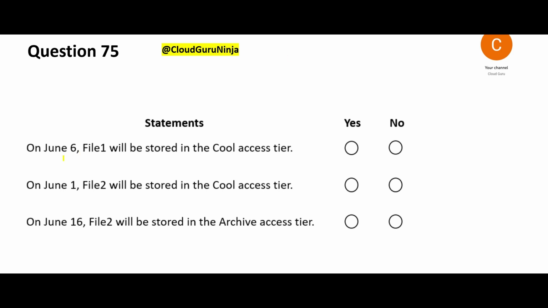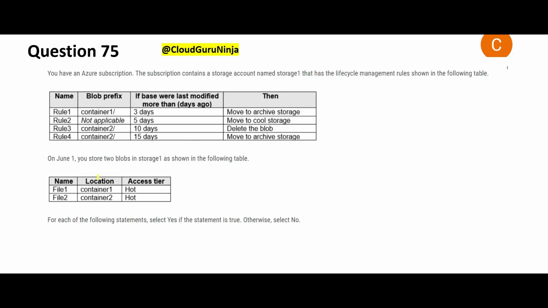The first one is saying, June 6th, file 1 will be stored in the cool access tier. If you start on June 1st, file 1 is stored in the hot access tier. June 6th, what will happen? If you add 5 days, from June 1st, June 2nd, June 3rd, June 4th, June 5th, June 6th.